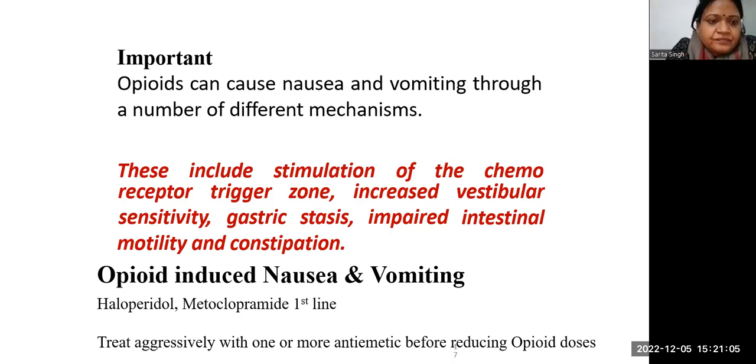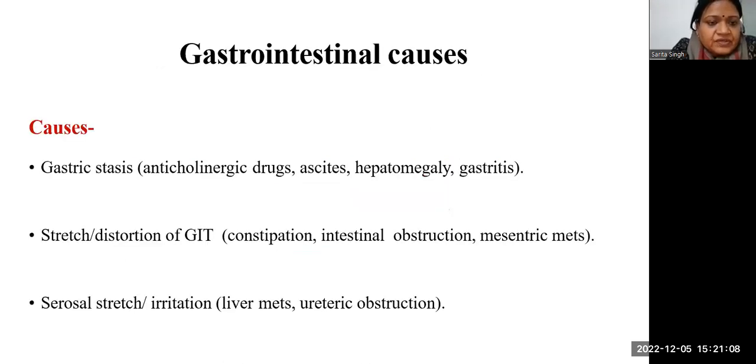Next, this is important for palliative patients. Gastrointestinal causes are gastric stasis, or stretching of the capsule of the organ due to distension or extension of the disease, which also cause vomiting. Then serosal stretch, irritation, and liver mets are also responsible for vomiting. Next, management.